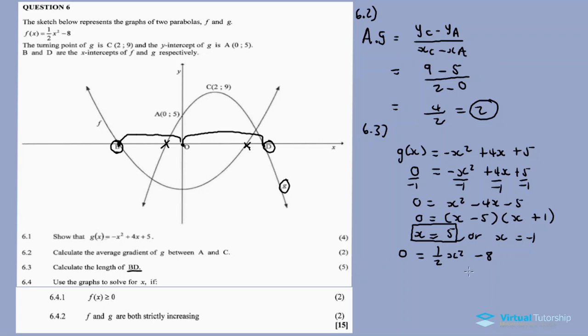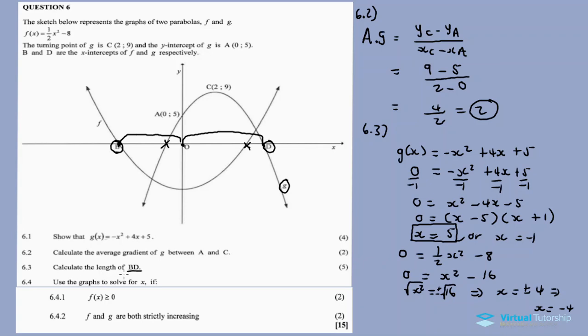Here I find the LCM, which is 2, and multiply everything, so I get 0 equals x squared minus 16. So x squared is equal to 16, and I take the square root of both sides of the equation, so x is equal to plus or minus 4.